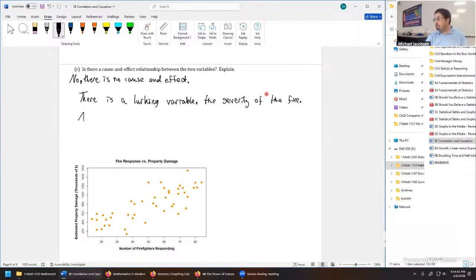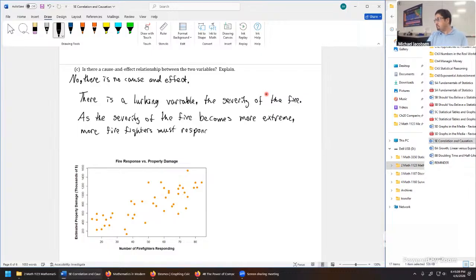So as the severity of the fire becomes more extreme, more firefighters must respond, and more property damage occurs.